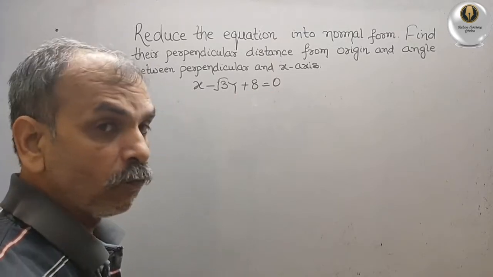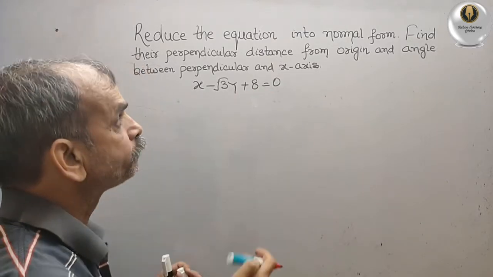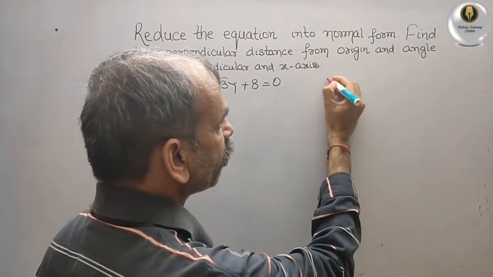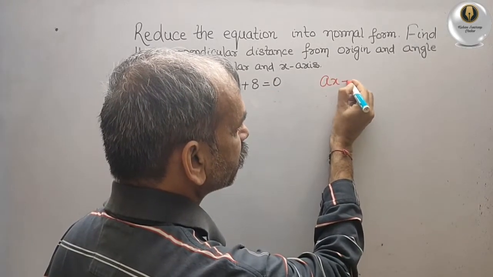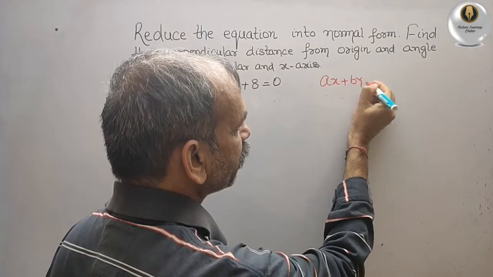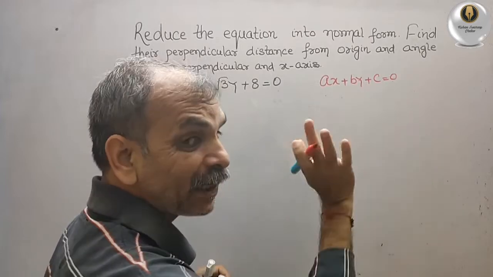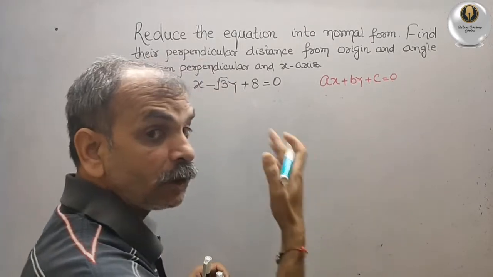Now, what is our standard form of a linear equation? That is ax plus by plus c equals 0. This is the standard form. What is the normal form?